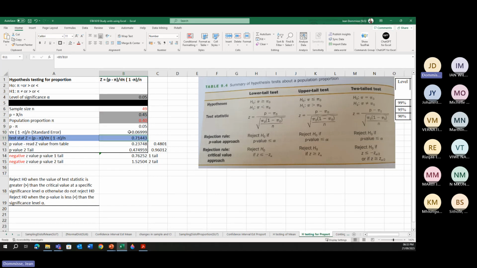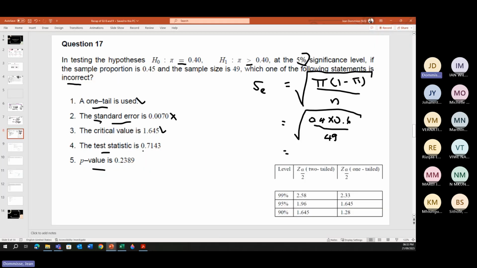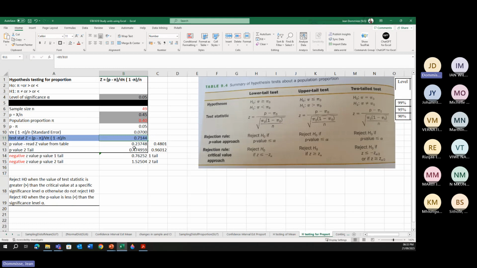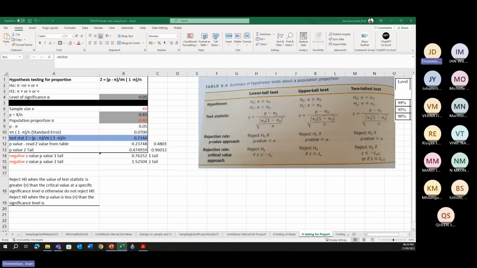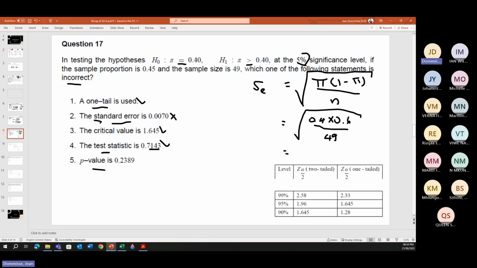That's correct. If we round it off, the t-stat was calculated as 0.714. Let's also round it off a bit. So if we look at the t-stat, 0.7143, sure, 0.7144. So that is spot on. So that would also have been incorrect.